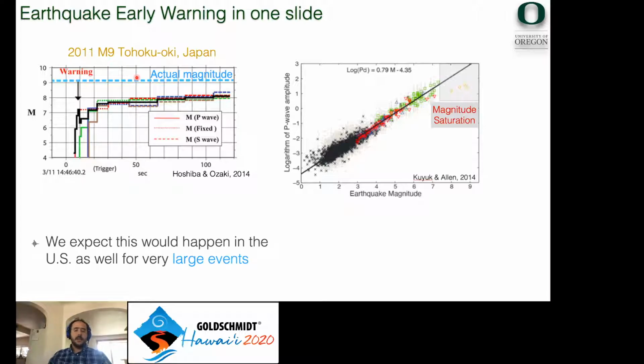Any system that relies on P waves, like this one, will see this. And if a magnitude 9 earthquake were to occur in the Cascadia subduction zone today, we would also see this magnitude saturation effect. And of course, that's a problem, because if what we're interested in is forecasting shaking intensity, and we don't know how big the earthquake truly is, then our estimates of how intensely people and facilities will experience the shaking are going to be way off as well.